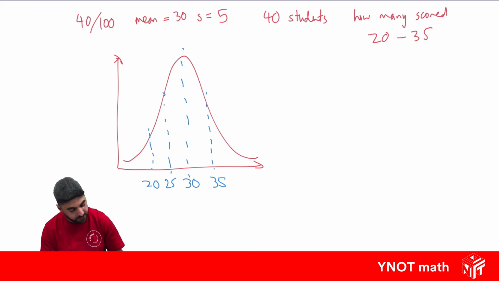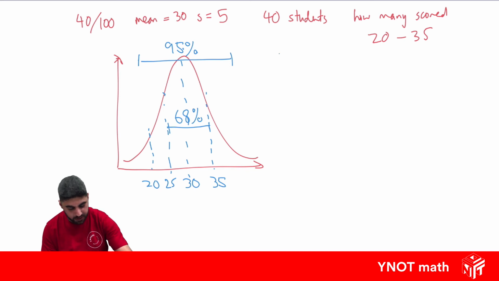Now, we're going to have to use our percentage knowledge to get this out. We know when you're in between a z-score of -1 and 1, that's 68% of all scores. And between a z-score of -2 and 2, that's 95% of all scores.